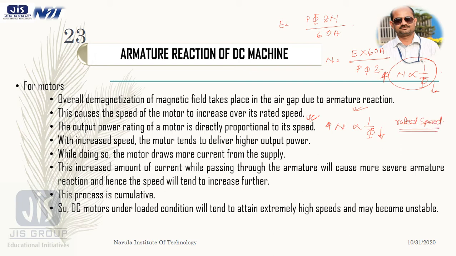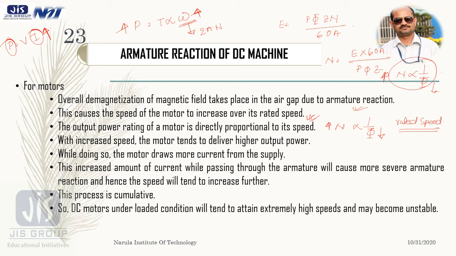And we know power equals torque into omega, angular speed, which is again 2 pi N. So if the speed is increasing, power is also increasing. The power is again equal to V into I. So it will start carrying more current from the supply, so the armature current keeps increasing.